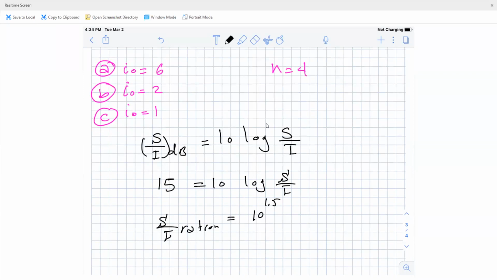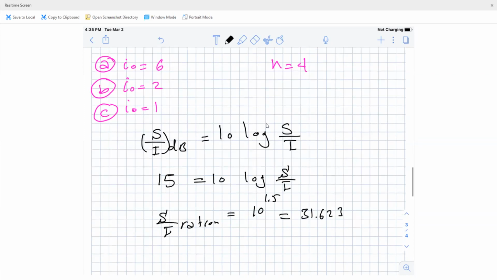Okay, 15 divided by 10, and anti-log, it will be 10 to power 1.5. Of course, it will be about 31.623. Okay, this is in ratio.